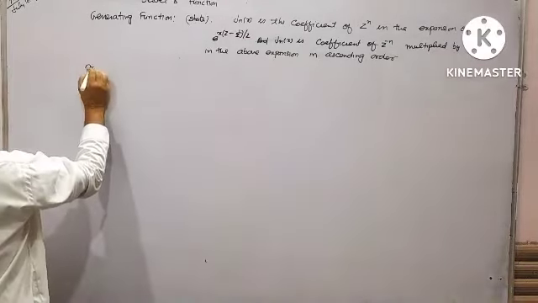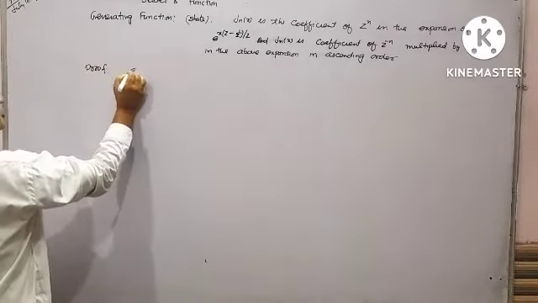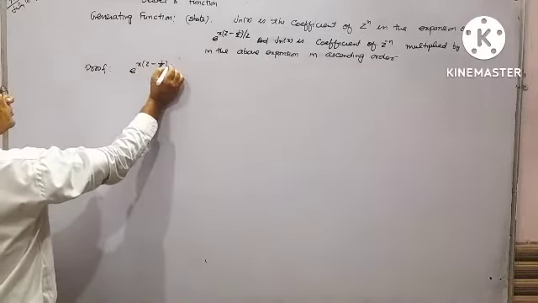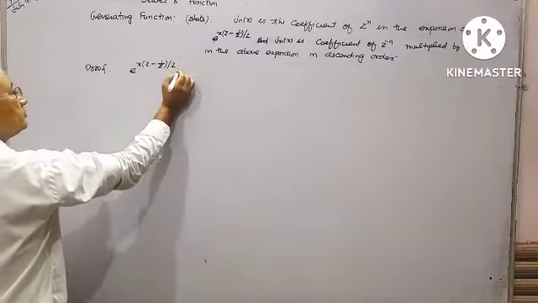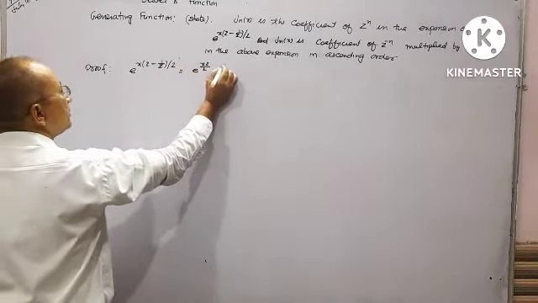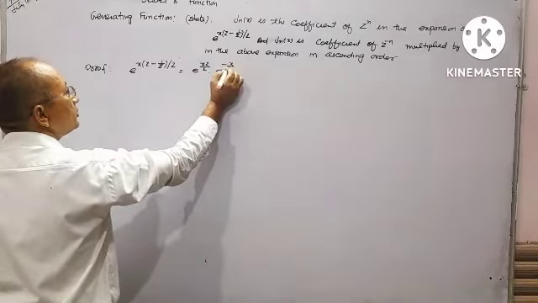Proof. e^(x(z - 1/z)/2) equals e^(xz/2) times e^(-x/2z).